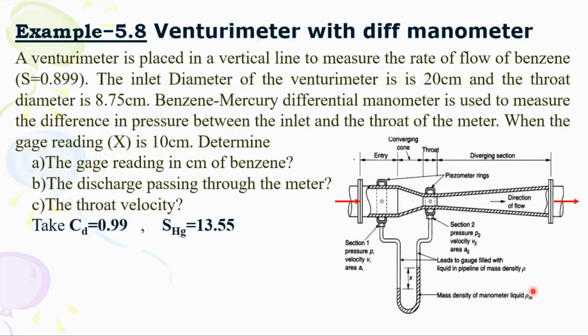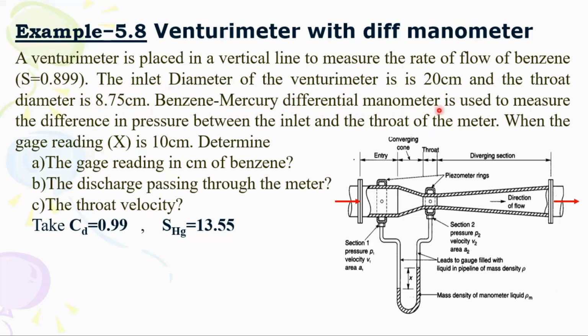Please try. Then example 5.8 is a venturimeter with differential manometer. When any fluid is going out, then you can see some displacement. So let us see. A venturimeter is placed in a vertical line to measure the rate of flow of benzene with specific gravity 0.899. The inlet diameter of the venturimeter is 20 centimeter and the throat diameter is 8.75 centimeter.